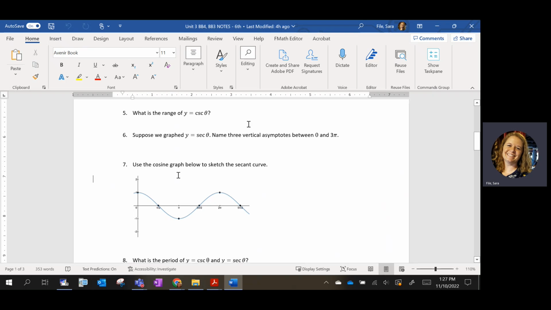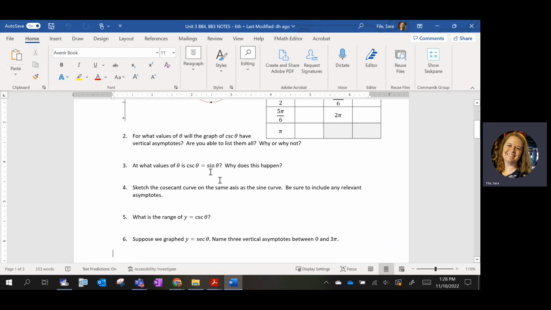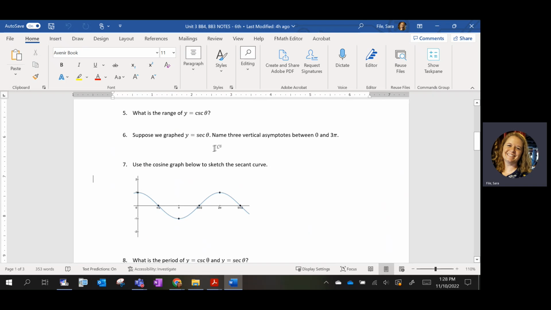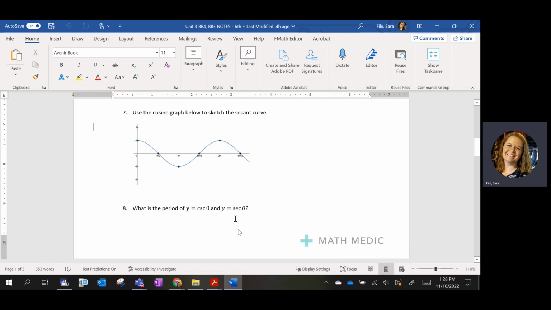And then number 6, pay attention, it's asking about secant, not cosecant. So you may actually want to graph 7 before you answer 6. So these first 5 were about cosecant, and then it changes and starts talking about secant. And then number 8's asking about both.